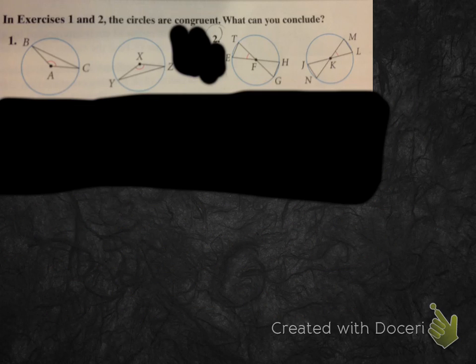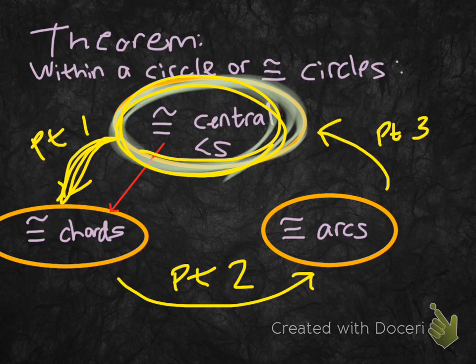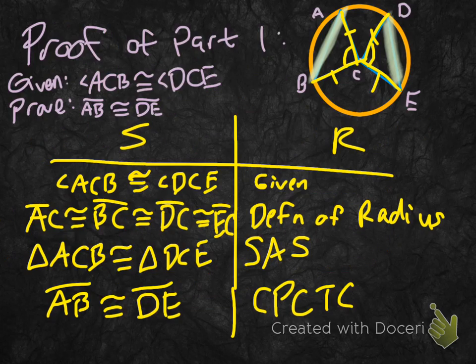So let's go back here. Central angles are congruent, therefore we know that BC, that's the chord formed by that central angle, is congruent to the chord formed by this central angle, which is YZ. Okay, then if we're following the circle around, now we know we have congruent chords, which means we must have congruent arcs as well, right?